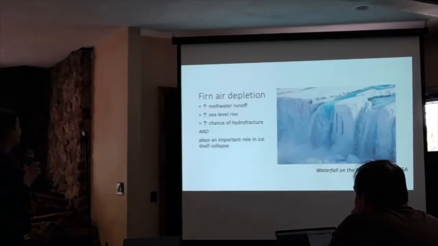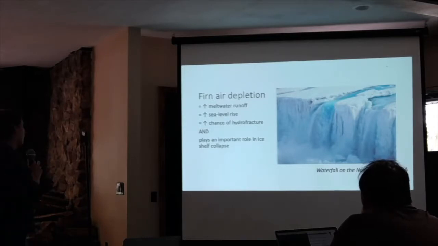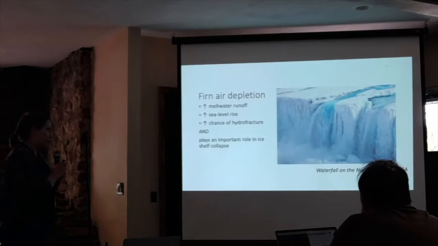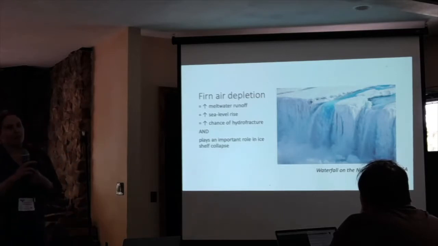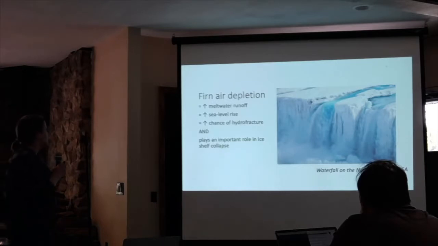I'm giving it away. So firn air depletion, as I said, can increase meltwater runoff, which adds more to sea level and increases our chance of hydrofracture. So it's really important that we understand the current state, the health of the firn column, but also how it's changing.